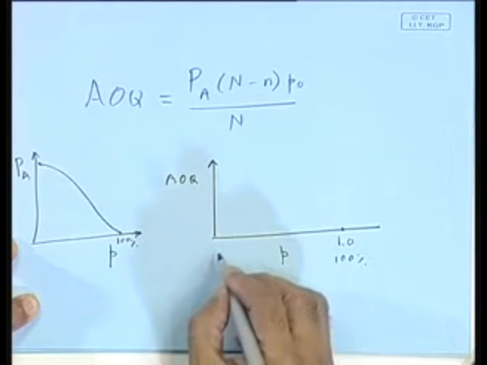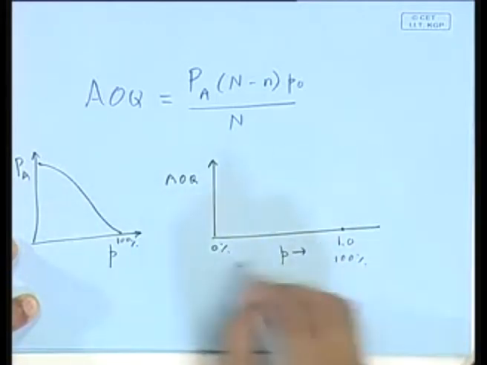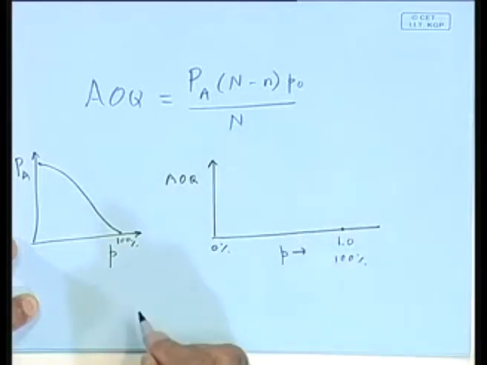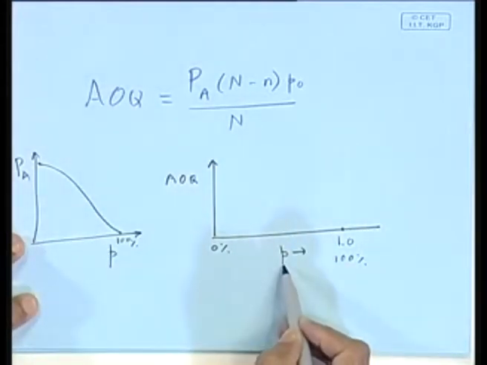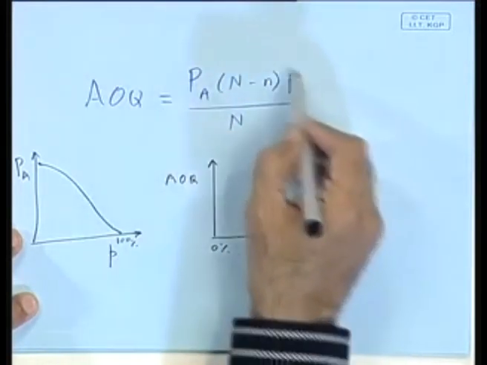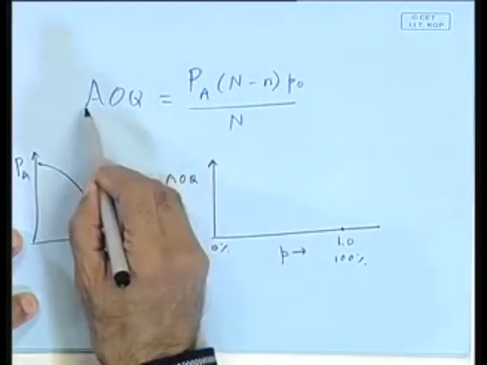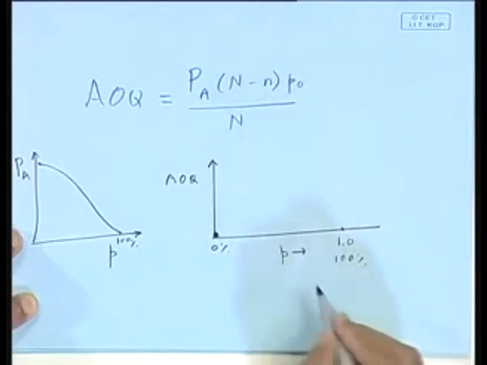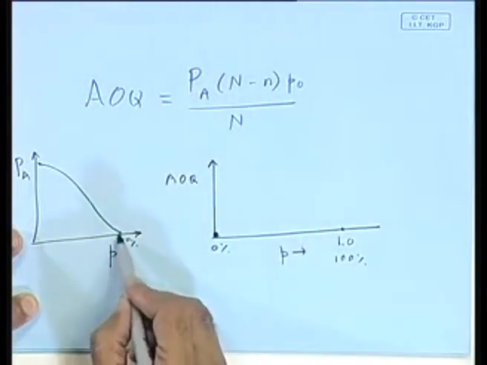That's the worst possible thing, and here it is 0% defective. This p rises this way, so I get more and more defective parts as I go this way. That's lot quality. It turns out when little p is 0, no matter what the other value is, AOQ is going to be 0. So AOQ will have a 0 value there, and AOQ will have a value again 0, because PA becomes 0 at this point.